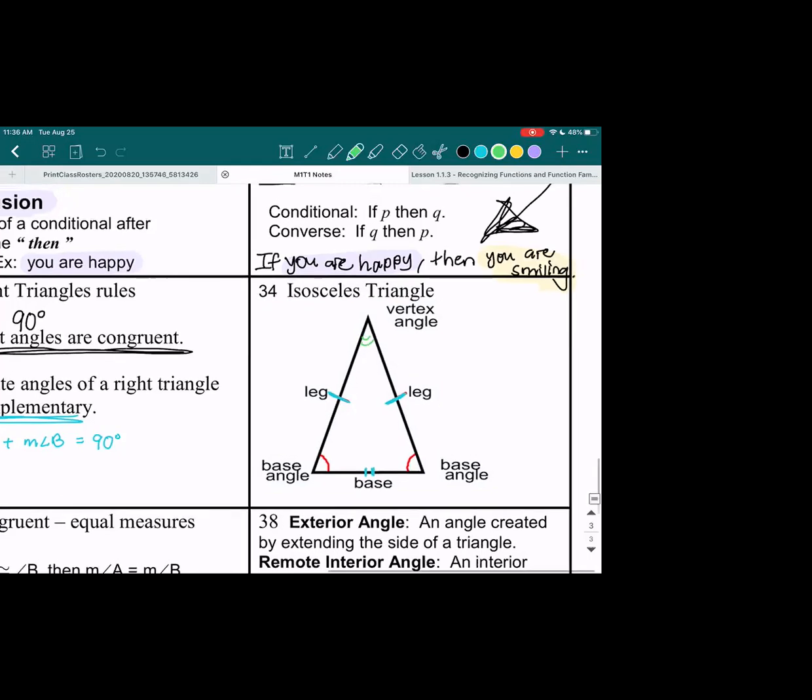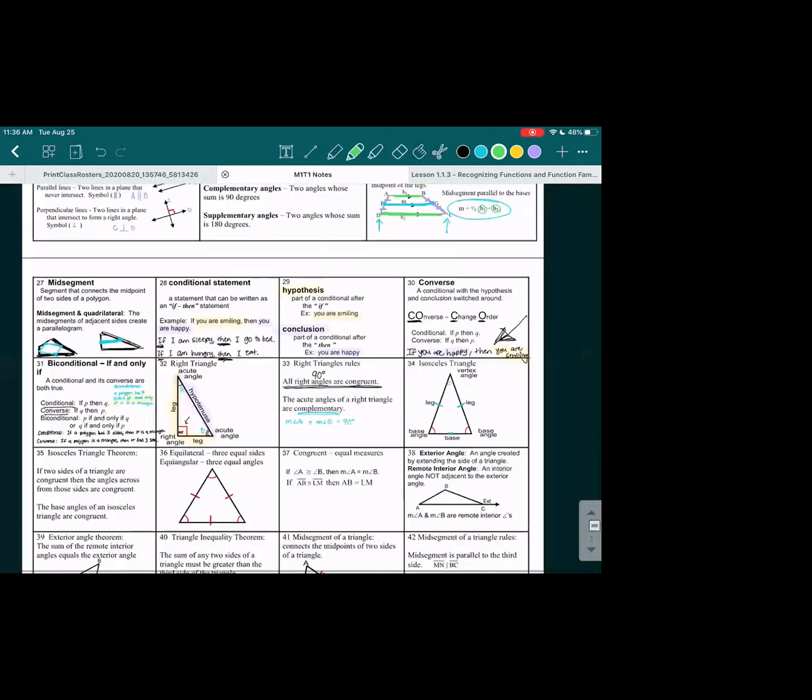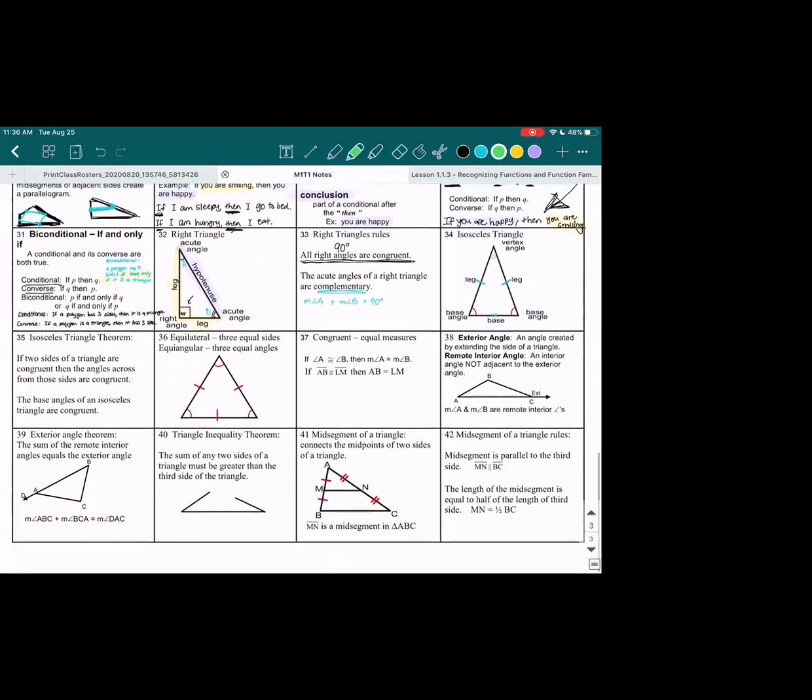Let's scroll out. I guess we have to just keep it scrolled out so we can read the isosceles triangle theorem. Okay, box number 35: if two sides of a triangle are congruent, then the angles across from those are congruent. So what that means is, if you're looking at box number 34 again, we said the two legs are congruent.